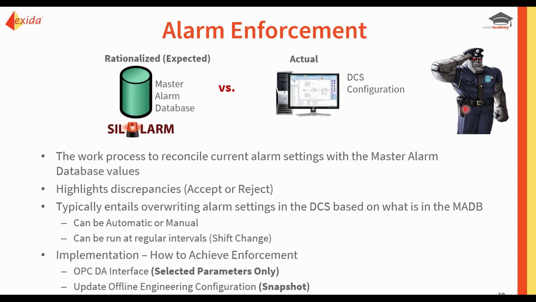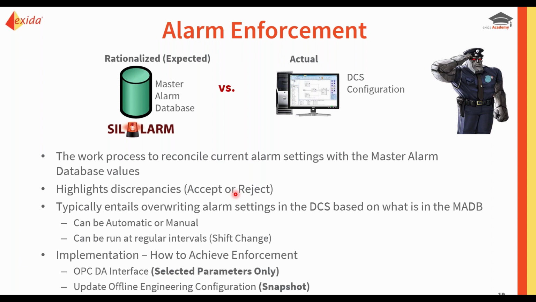So now, once you've identified the differences by comparing the rationalized information, which represents the expected values, versus what's in the actual system, your actual values, then you look at those identified discrepancies and investigate them and decide whether you want to accept or reject each one.